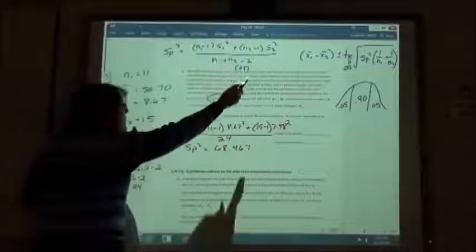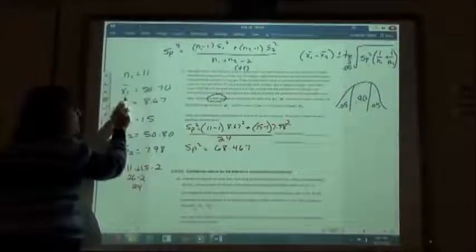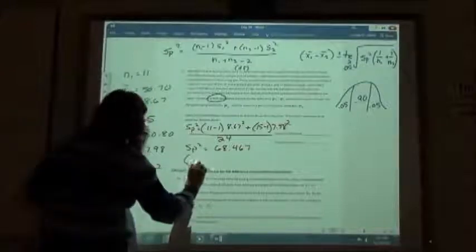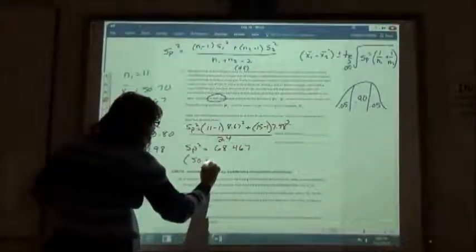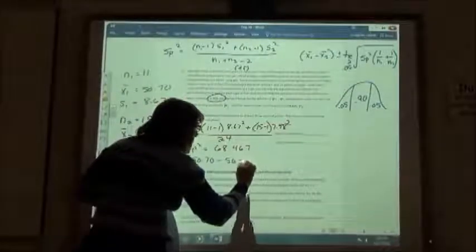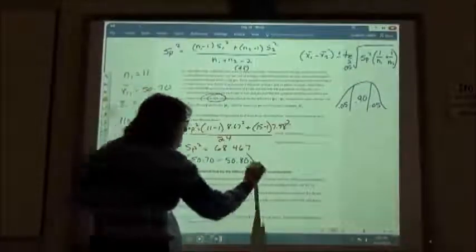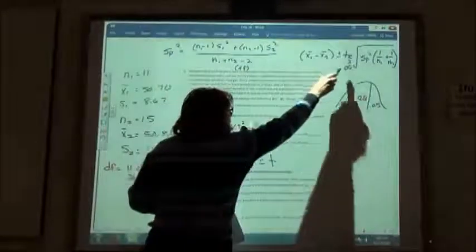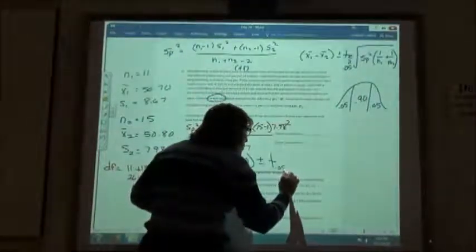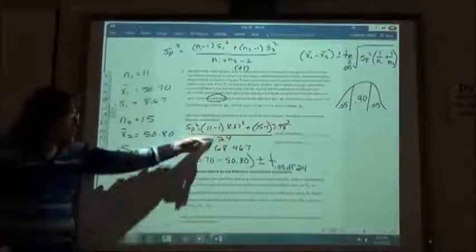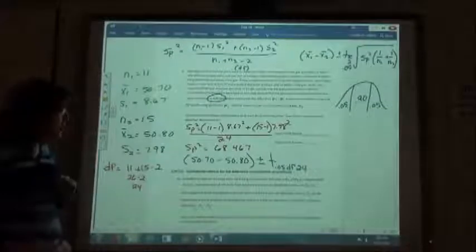So x bar 1, which is the mean of 1, minus x bar 2, which is the mean of 2. So we're going to have 50.70 minus 50.80 plus or minus t sub 0.05 with a degree of freedom of 24, which should be our same number we used under our fraction, right?